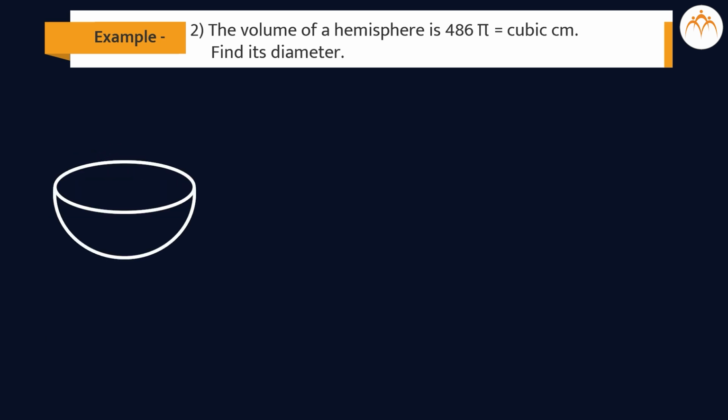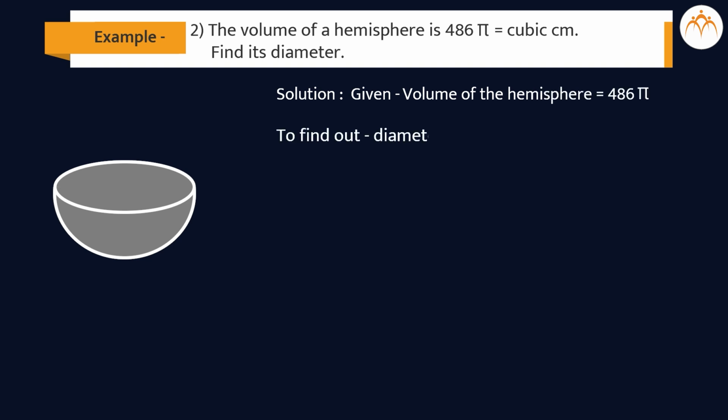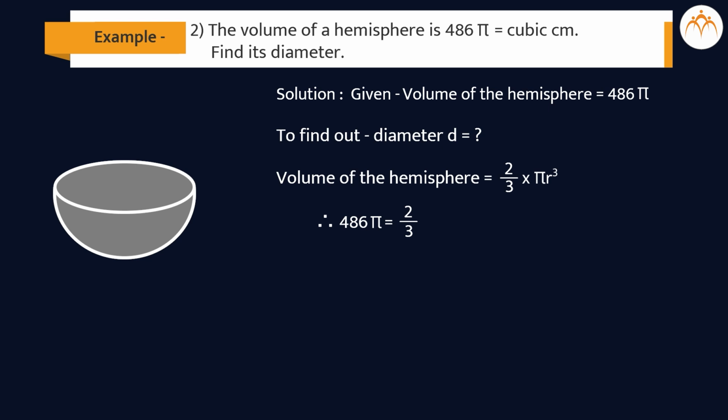Another example. The volume of a hemisphere is 486 pi cubic centimeters. Find its diameter. Solution. Volume of the hemisphere is equal to 486 pi. To find out diameter d. Volume of the hemisphere is equal to 2 by 3 multiplied by pi r cube. Therefore, 486 pi is equal to 2 by 3 multiplied by pi r cube.